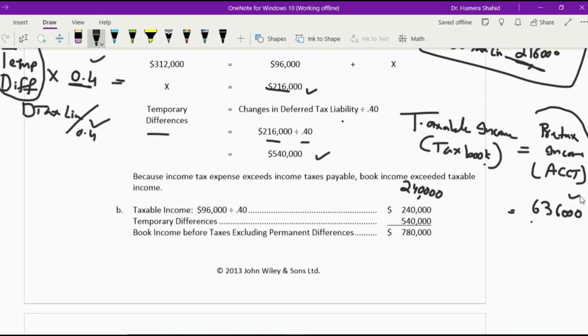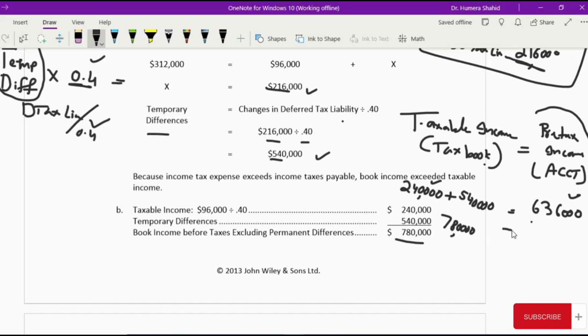They are not the same. Accounting books has 636,000. Tax books has 240,000. We know there are temporary differences, which we just calculated: 540,000. Now if I check my taxable income in the tax book after adding it, that becomes 780,000, like I did over here.